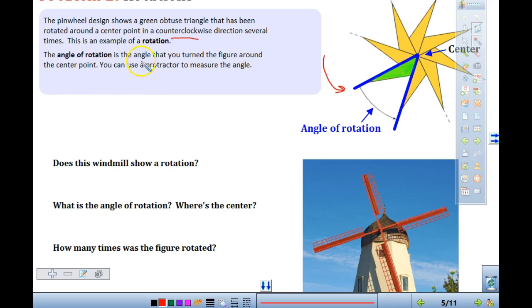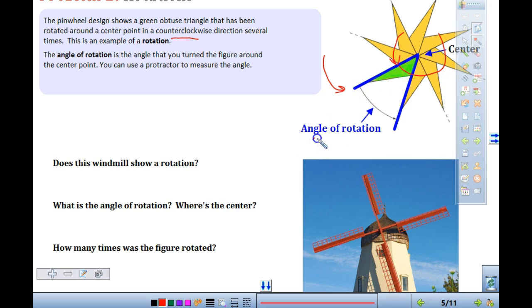The angle of rotation is the angle that is turned by the figure around a center point. You could use a protractor to measure this, but we notice that it is a circle going 360 degrees. How many triangles do we have going around here? 8.